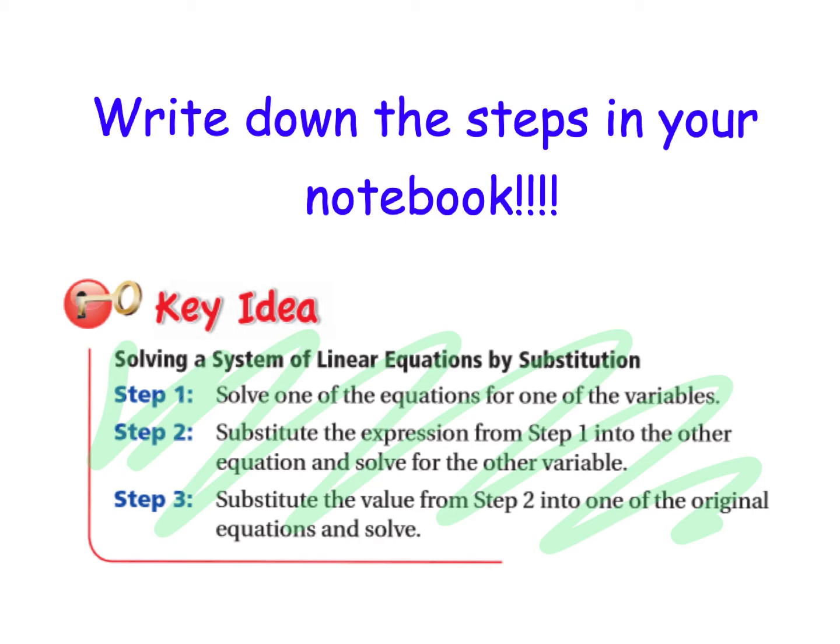In other words, you want it to be either x equals something or y equals something. Then you're going to substitute the expression from step 1 into the other equation and solve for the other variable, and then substitute again to get the original variable.